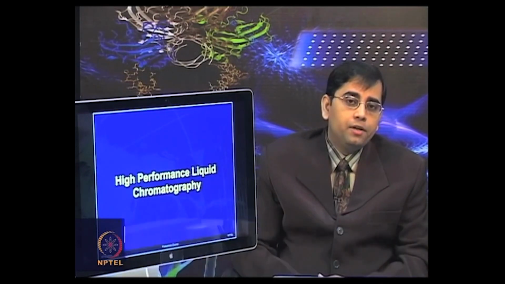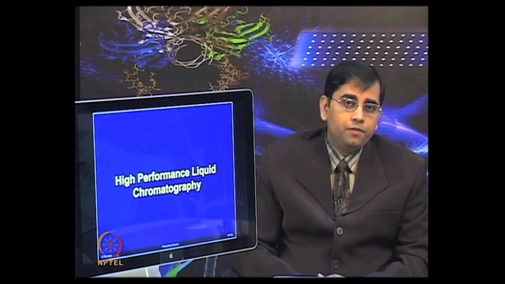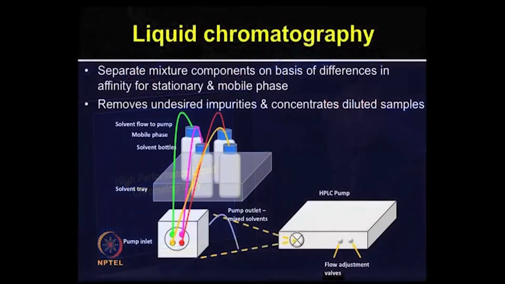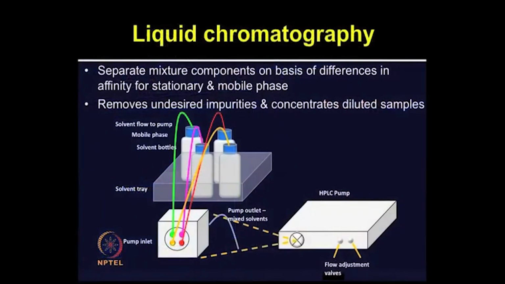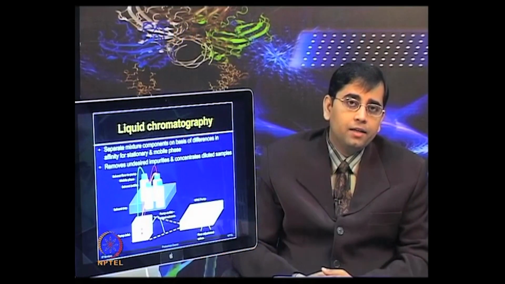Better separation and resolution of the components can be achieved by HPLC. So, what is liquid chromatography? Liquid chromatography separates mixture components on the basis of differences in the affinity of stationary and mobile phase. It can remove the undesired impurities.